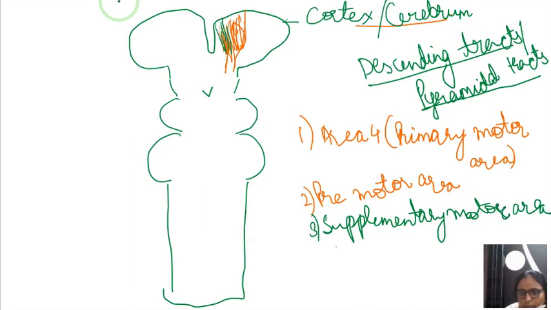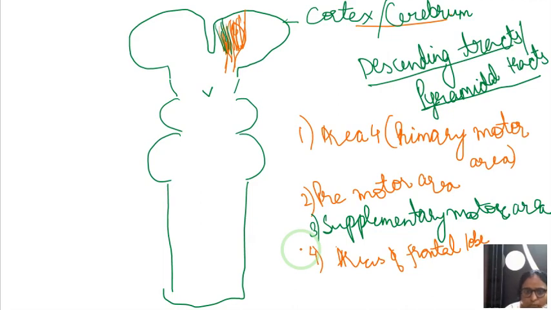So your primary motor area, your premotor area, your supplementary motor area are parts or areas of the frontal lobe. If I draw it with another pen, you can see this. Okay.